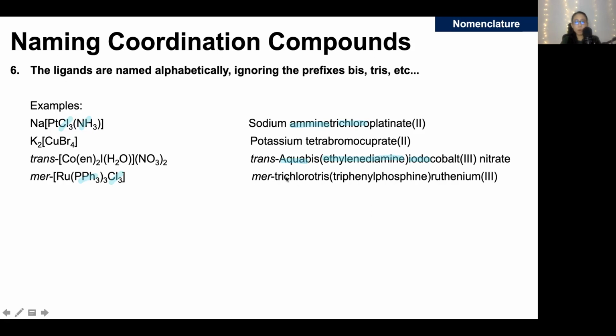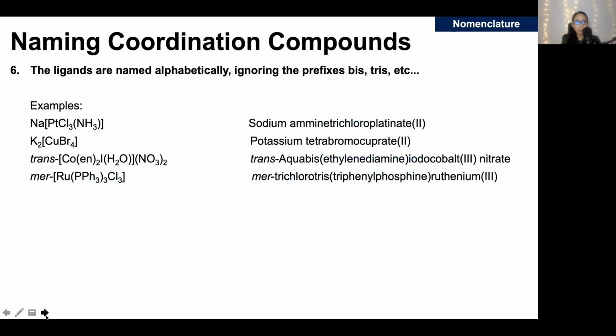Okay, so chloro comes first, followed by triphenylphosphine. Now here, the tri is part of the name of your ligand, so you don't disregard it. So triphenylphosphine, its first letter is T, not P. Okay?